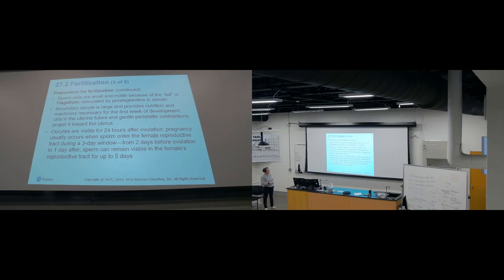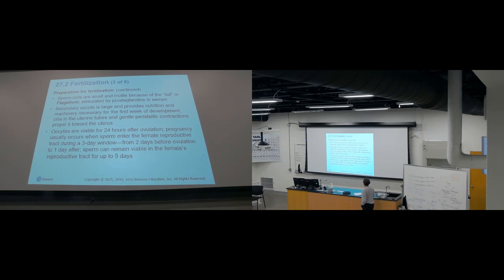But look at the life span of an oocyte: 24 hours. Out of that single day of the month, the female has 24 hours to produce progeny. The sperm cells have a longer lifespan, around 72 hours, more or less.